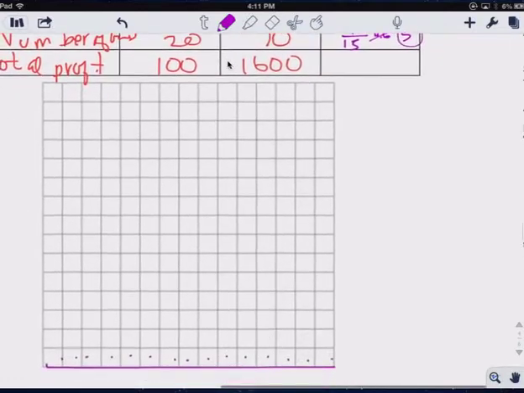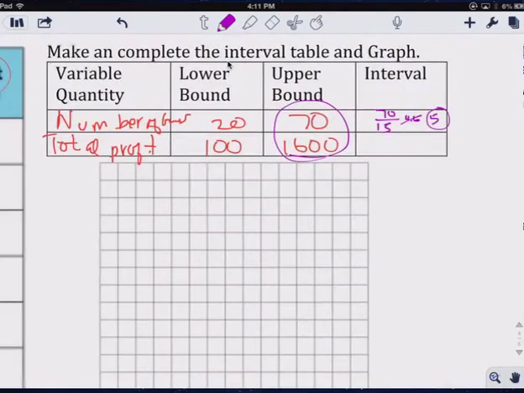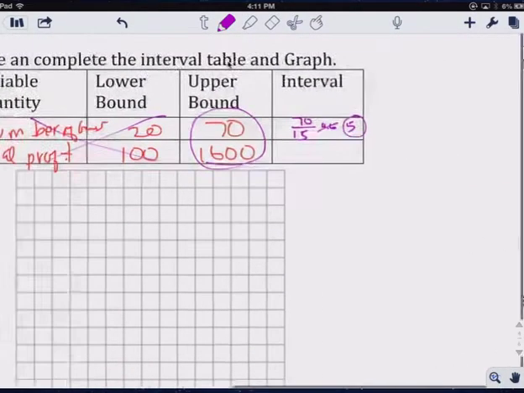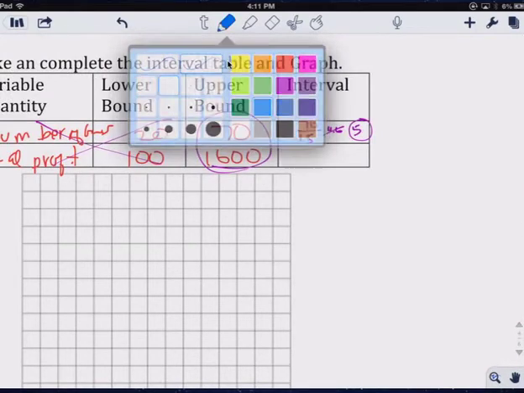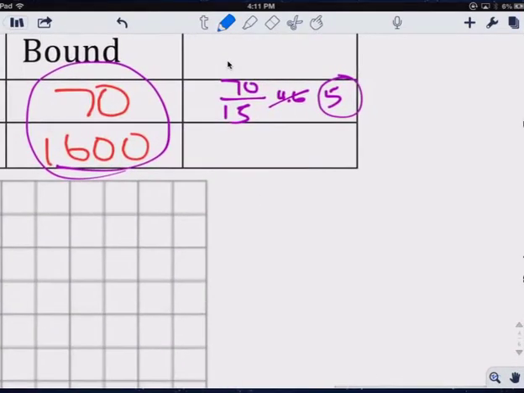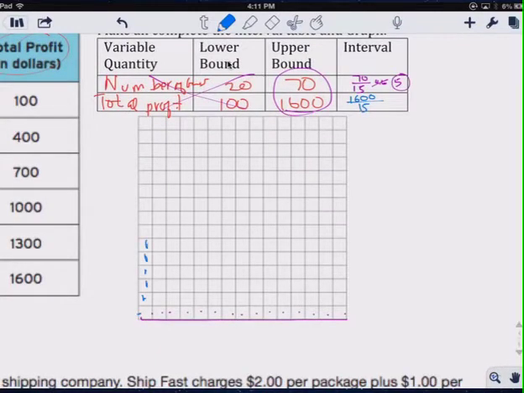Okay. And I'm assuming the same for this one. All we care about are these numbers here. All this other stuff is insignificant in getting the interval. So that's 1,600 divided by the 15 squares. Let's count and make sure. 1, 2, 3, 4, 5, 6, 7, 8, 9, 10, 11, 12, 13, 14, 15.